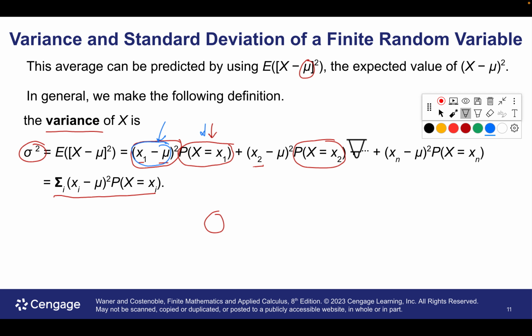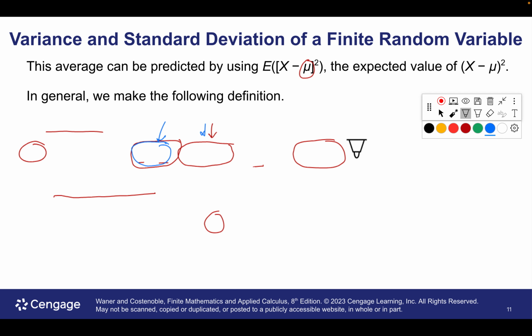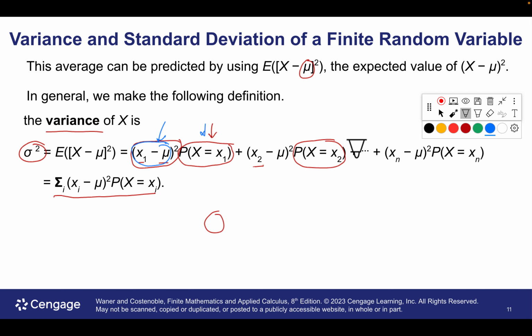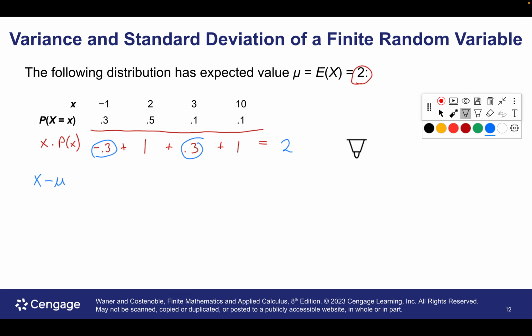So we want to take the random variable minus the mean. I'll do it in 2 steps: I'll do this first, then we'll square it, just so we can see the steps, and then we'll add them together over here.